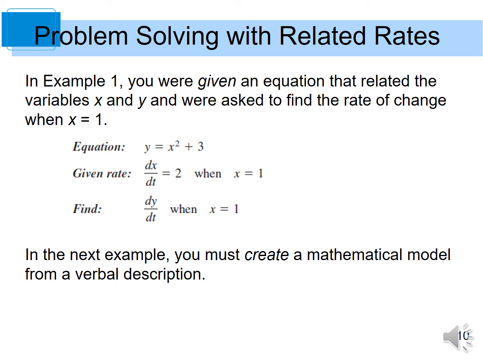In the first example, you were given an equation that related the variables x and y and were asked to find the rate of change when x = 1. In the next example, you must create a mathematical model from a verbal description.